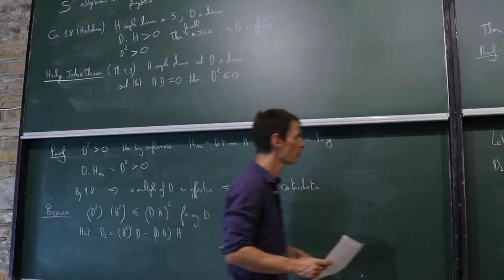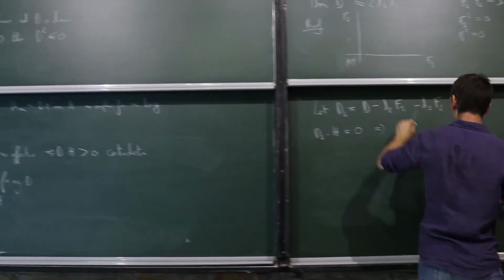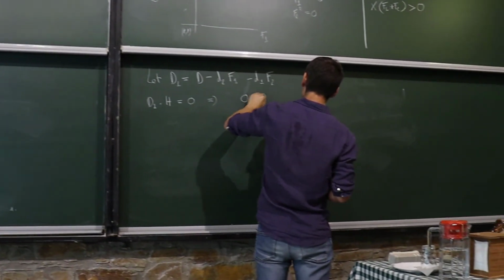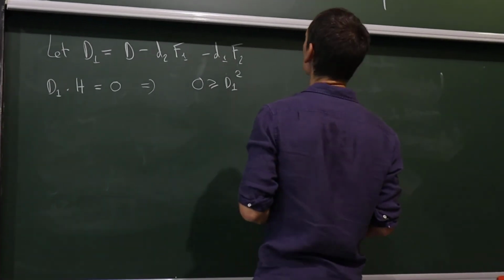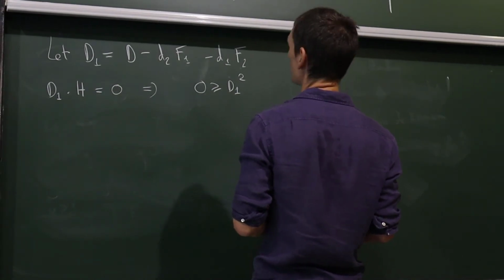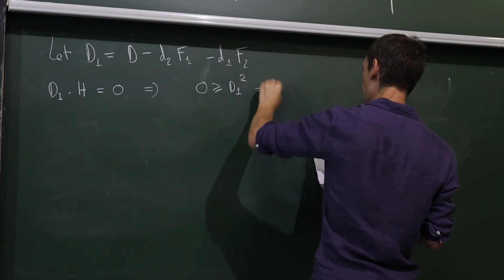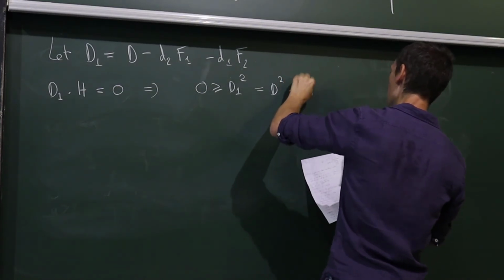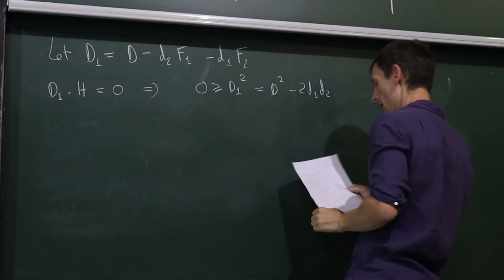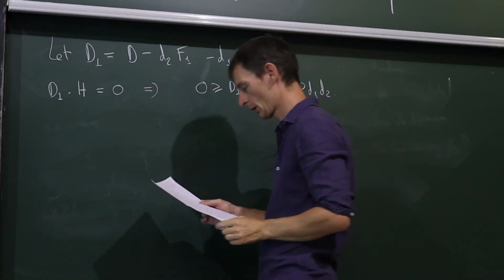I must conclude from this that D1 square is negative. If you do the computation with D1 square, what you get is D square minus 2 D1 D2, and you have the result.